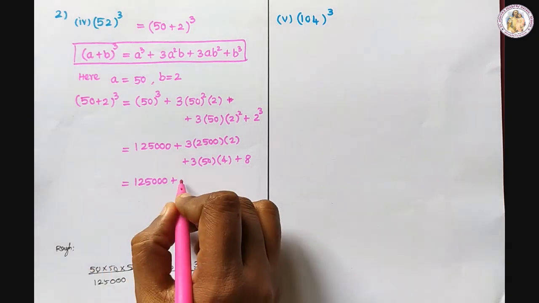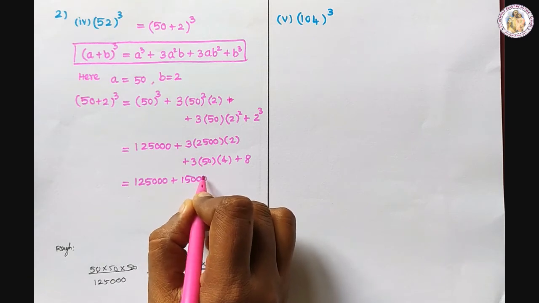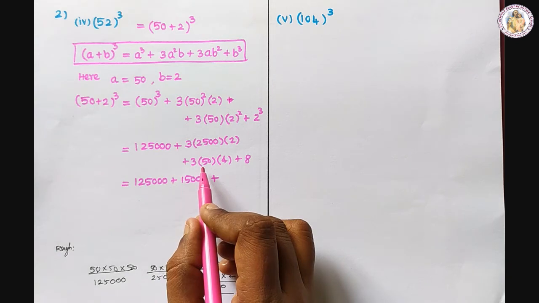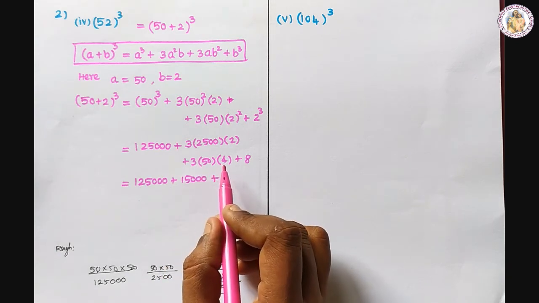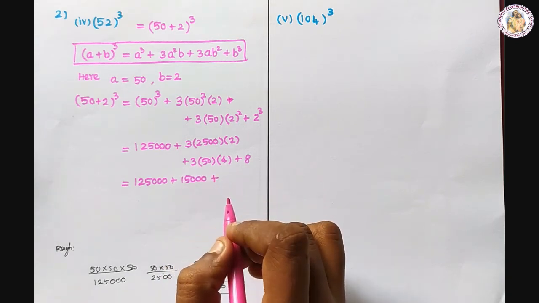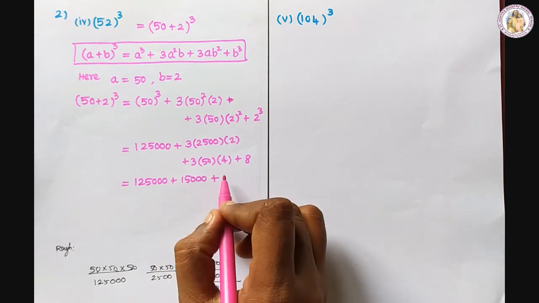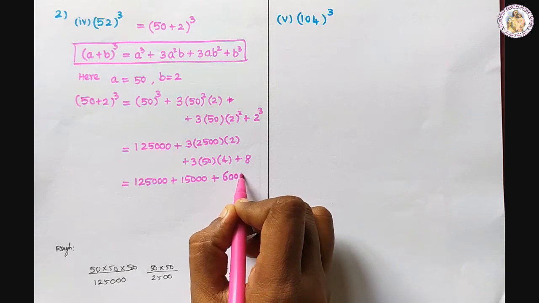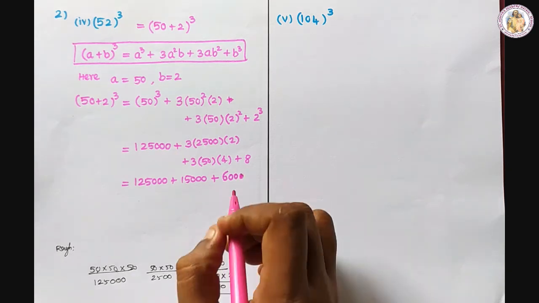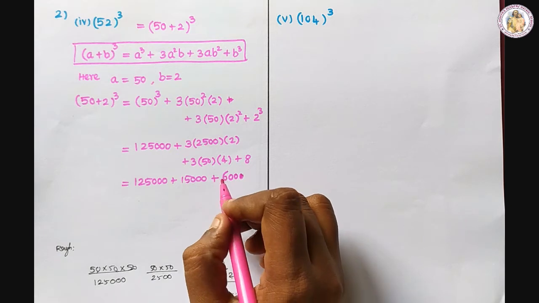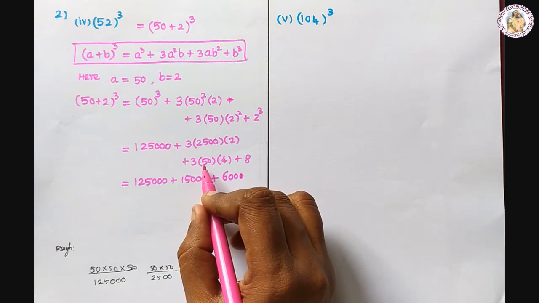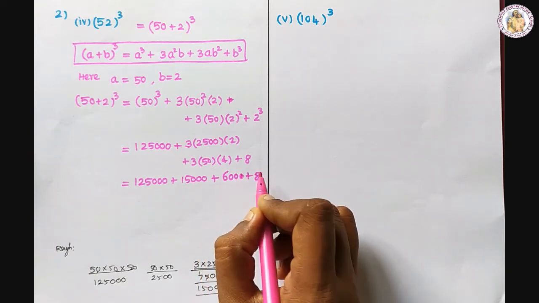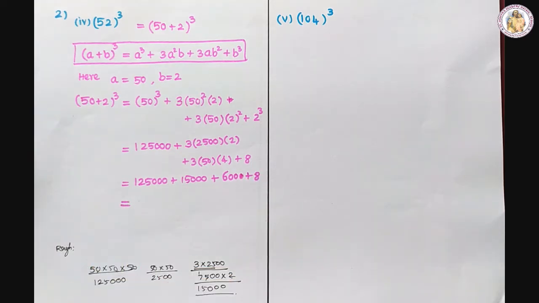So 15,000, plus 3 5s are 15, 15 4s are 60, so 600, and 1 zero. 600 plus 8.